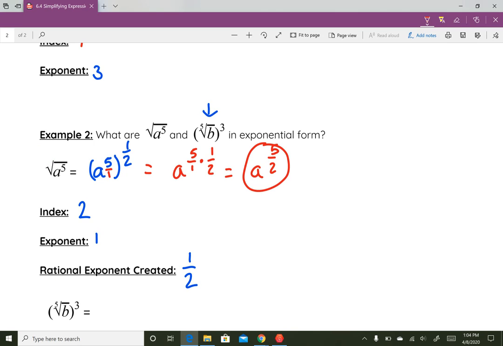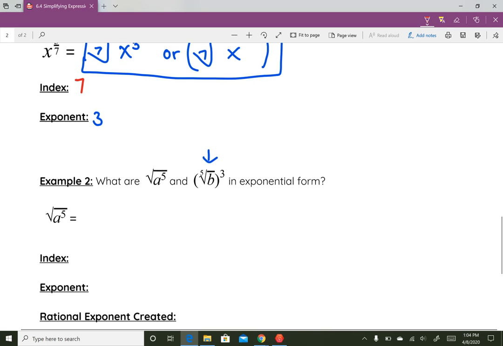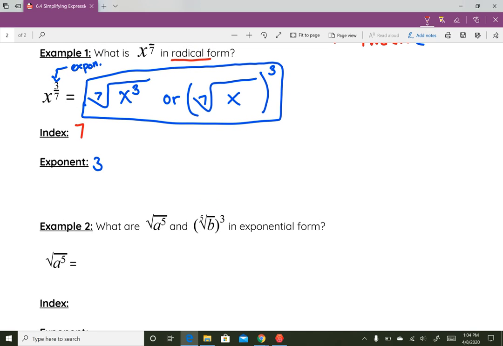Another way you could do this, though, is if you wanted to just skip ahead almost, think about what's another way I could write the square root of a to the 5th. Well, let's take a look up above here. Notice how we wrote this in 2 different ways. So what you're seeing is the way it's written right now is this first form. If I want to write it like the second form, it's going to become the square root of a to the 5th.